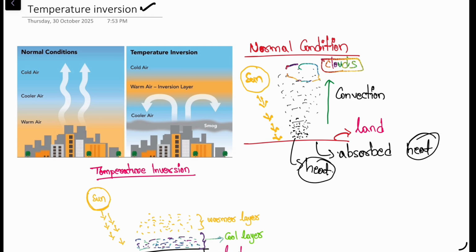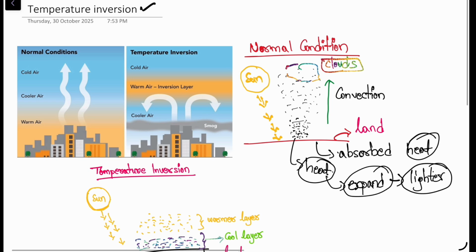Because of the heating from the earth surface, the particles will expand. The particles will expand and also become lighter, and because of their lighter nature, they will start moving upwards.